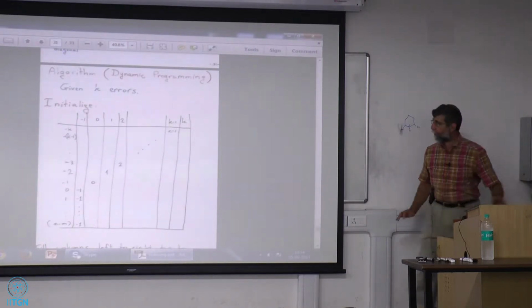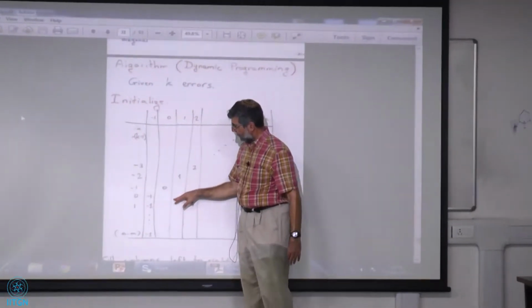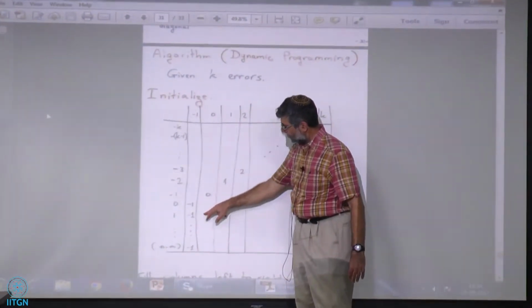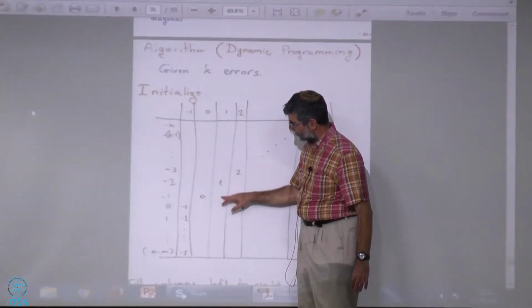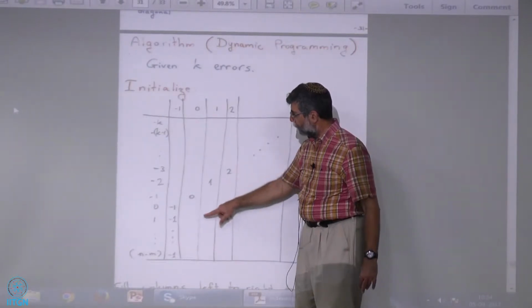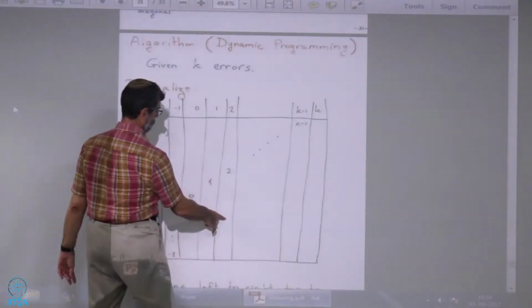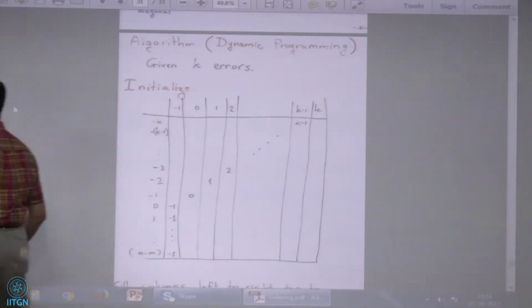So if you want to fill this one, for example, then what you need is what's here, what is here, and what is here, and it helps you fill this value. Now, let's draw L_{D,E}.